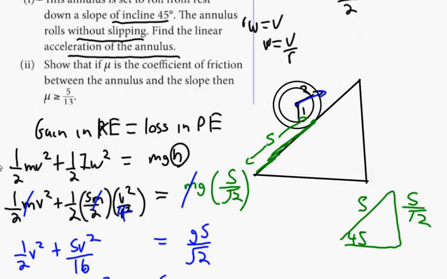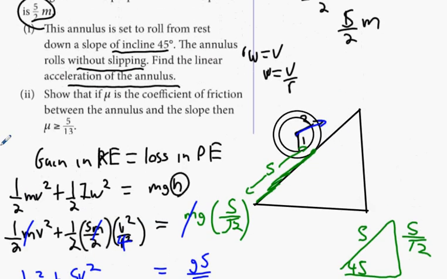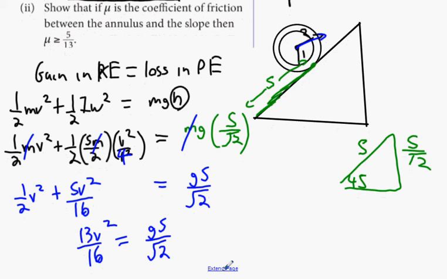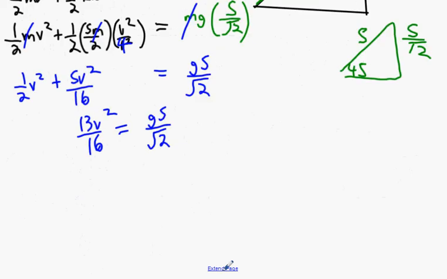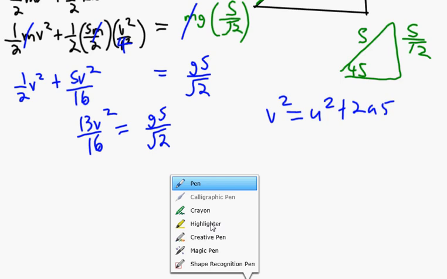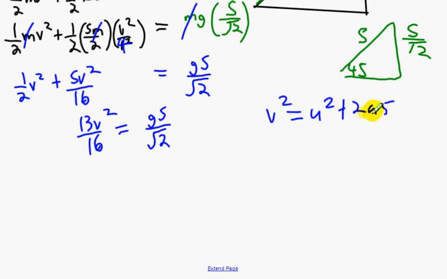What am I being asked again? Find the linear acceleration. I have to find the a value. So isolate v squared and go to good old v squared equals u squared plus 2as. The a, which is the whole goal of the question, is going to be equal to v squared minus u squared all over 2 times s.